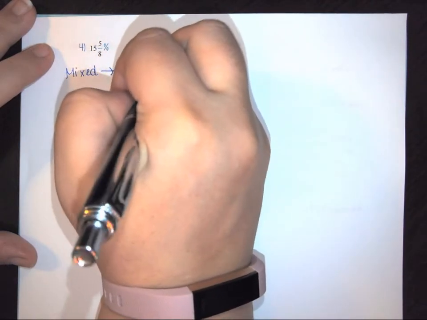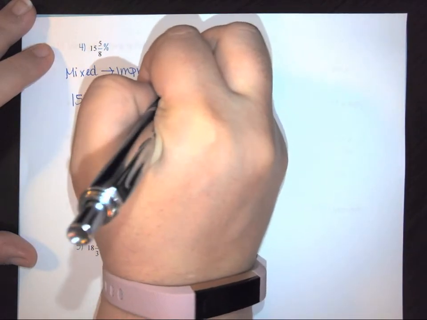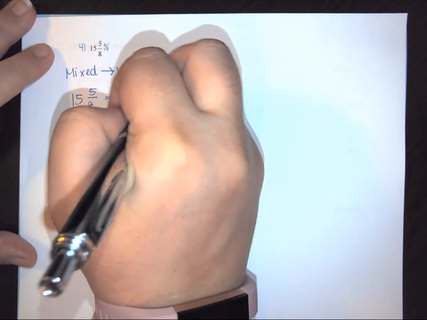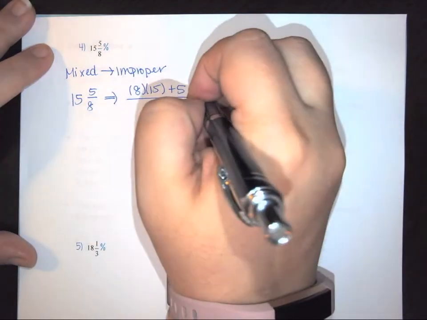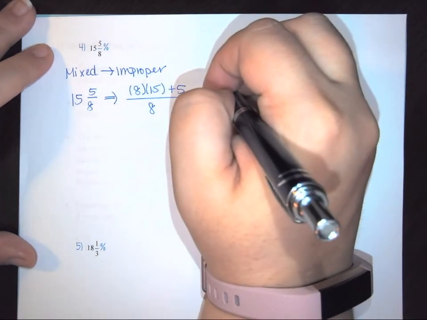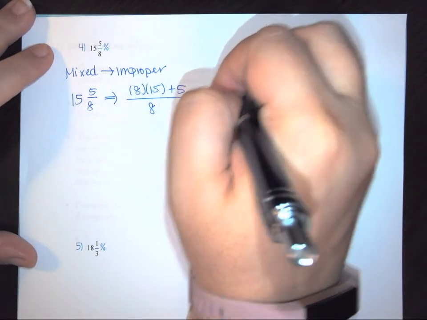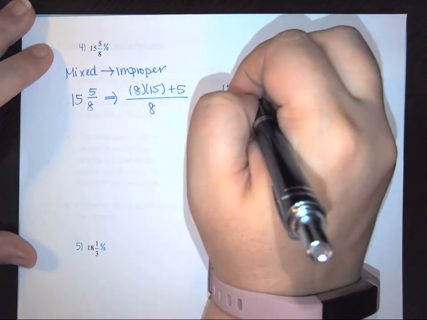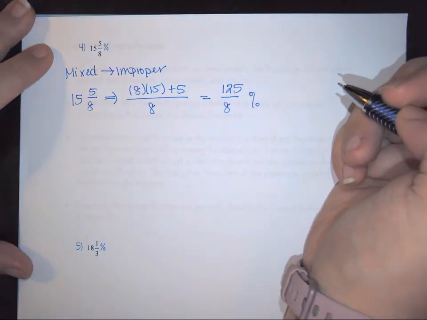To do that, again, remember it's going to be bottom times the big number plus the top goes into the top, keep the bottom as is. So here this should become 125 over 8.